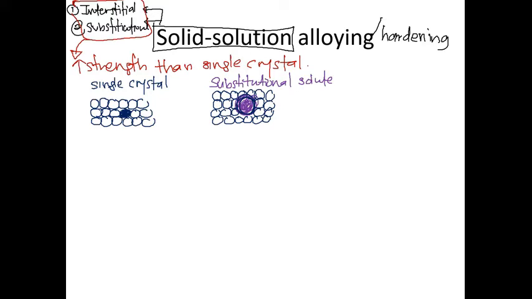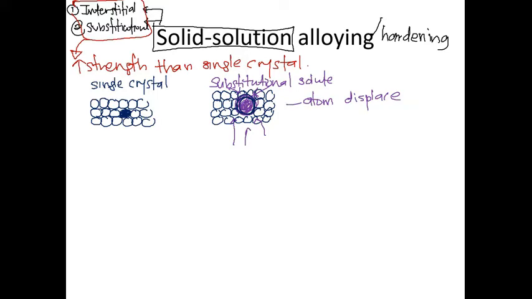So when you substitute one of the atoms with another atom, you tend to displace the atoms. As you can see here, the atoms have displaced from the arrangement in the single crystal.